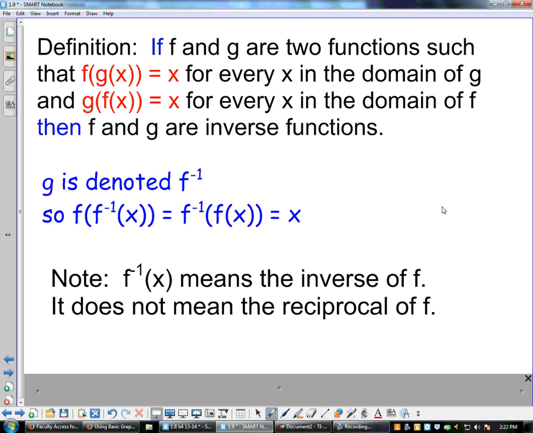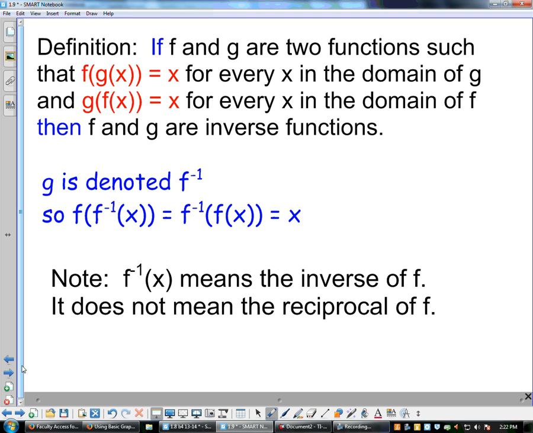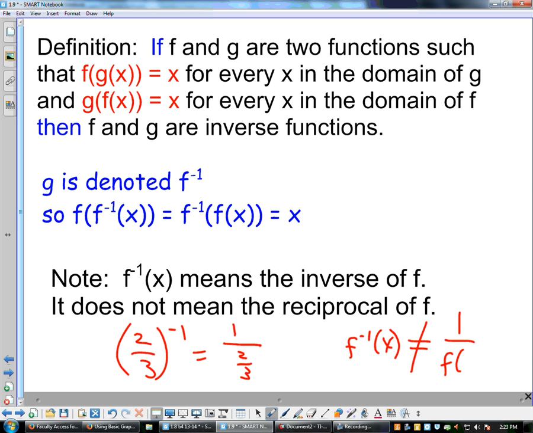All right, it's just a notational device as opposed to, when we have something like, let me use a fraction instead. If we have something like 2/3 raised to the negative 1, isn't that the same as 1 over 2/3? Yes. But that's not the case with functions. F inverse of x is not equal to 1 over the original function. Does that make sense? Yes. All right?